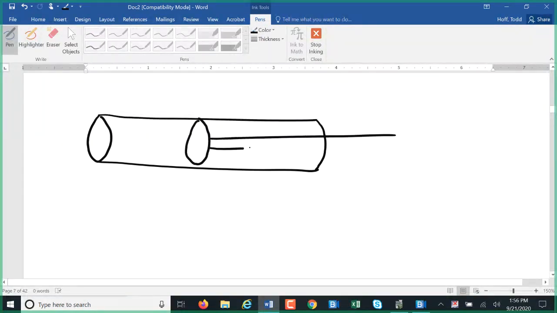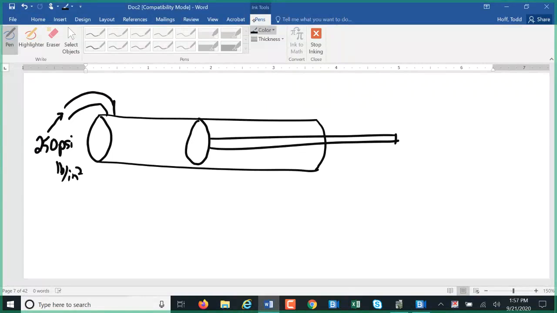So let's look at the hydraulic ram here. Hydraulic ram works off of hydraulic pressure. So let's say that we have a pump that is putting out 250 psi, that's pounds per square inch.